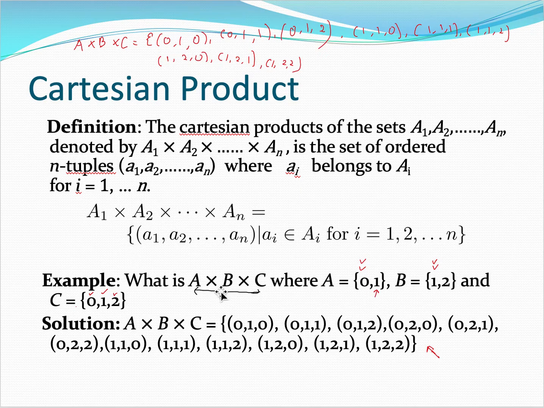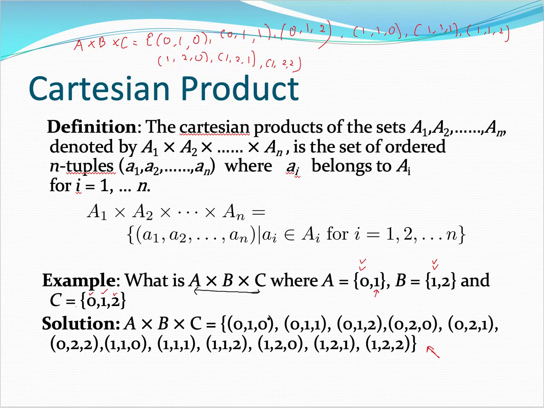So what is the Cartesian product of A, B, C, where A is {0, 1}, B is {1, 2}, and C is {0, 1, 2}? You will have three-tuples.